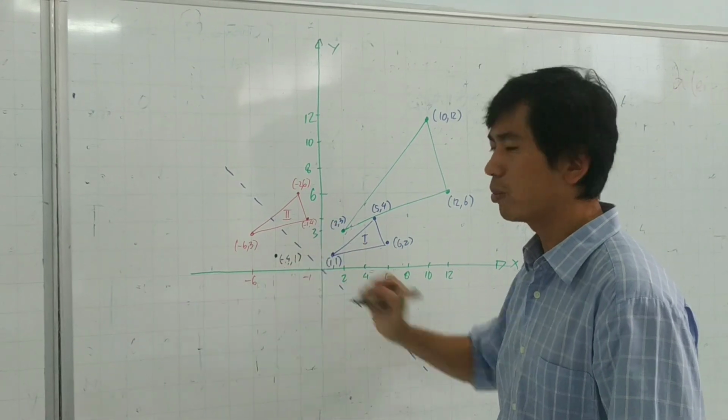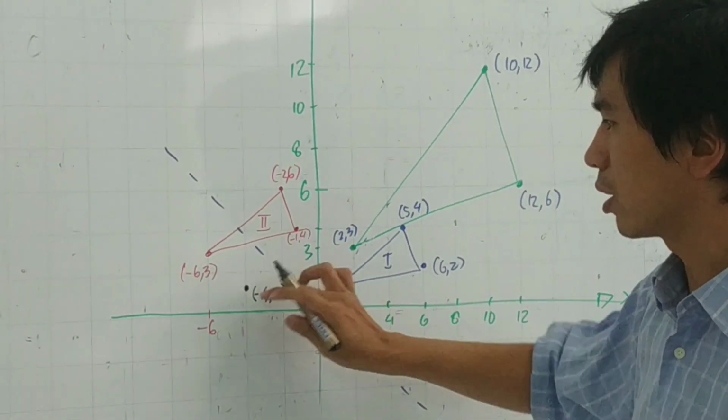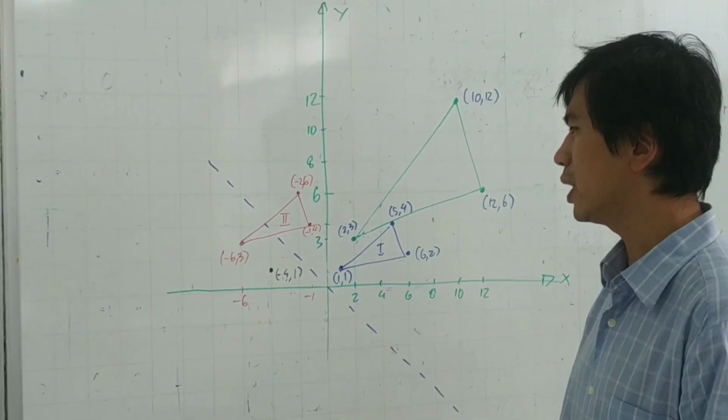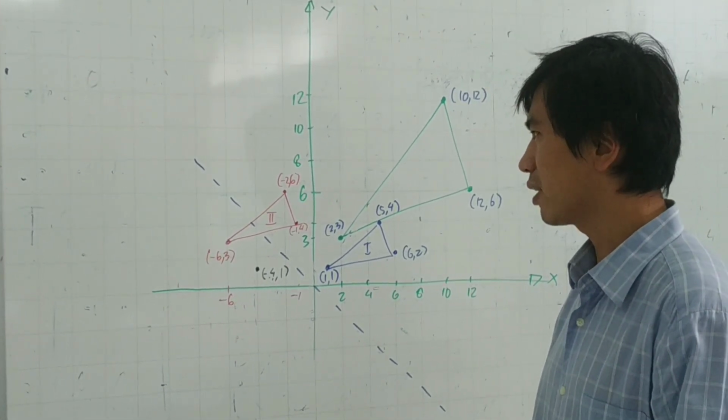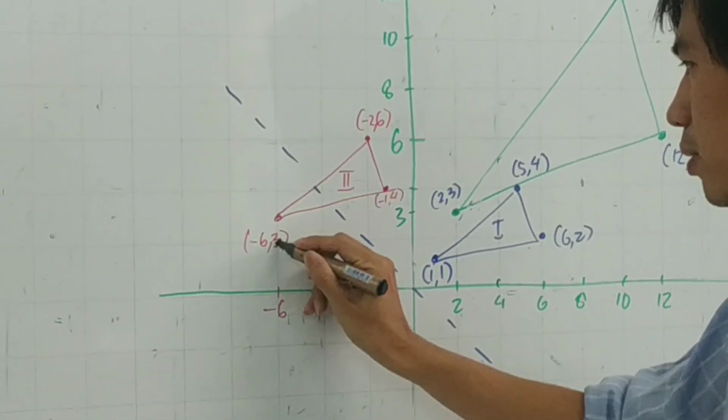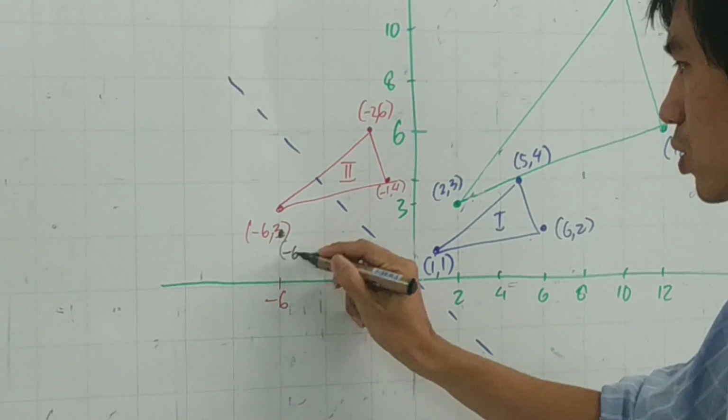So negative 1 comma 4 will be negative 4 comma 1. That is the mirror, meaning the distance is supposed to be the same. Negative 2 comma 6 will be negative 6 comma 2. Negative 6 comma 2 will be over here.